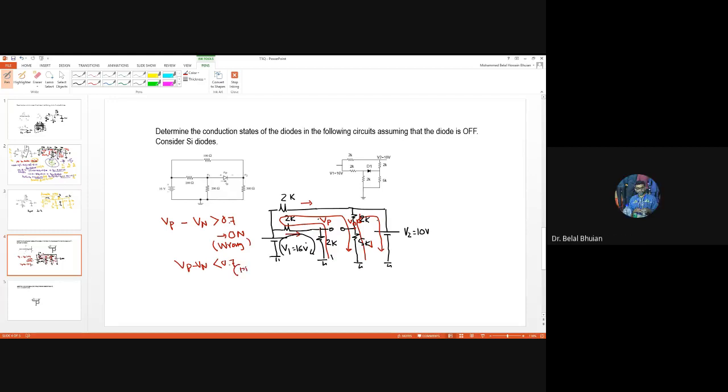Then what will you do now about the terminal voltage? Let's say this current is I1, and this current is I2. So how can you determine VP?